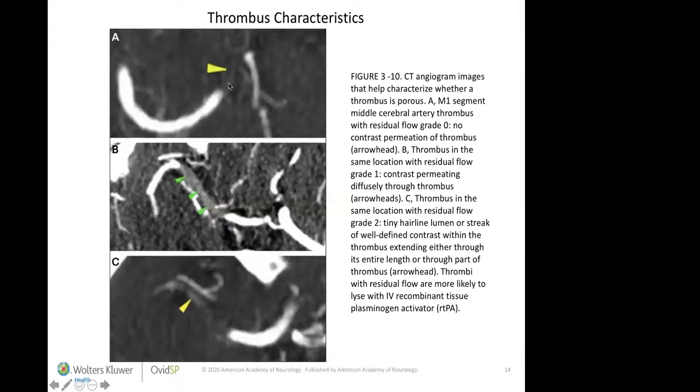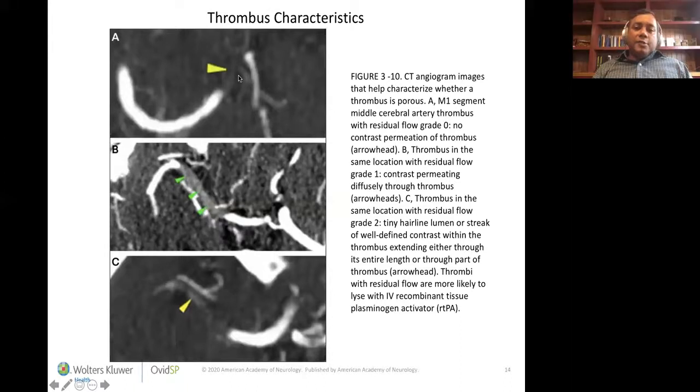Okay, yeah, thank you. So on the CT angiogram, by looking at the clot, you can also assess certain interesting thrombus characteristics or clot characteristics. If you look at figure A here, you obviously don't see the clot, you see where contrast is not seen, but there is not much contrast in the arterial silhouette.